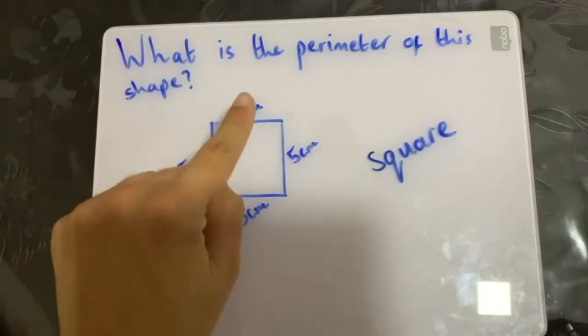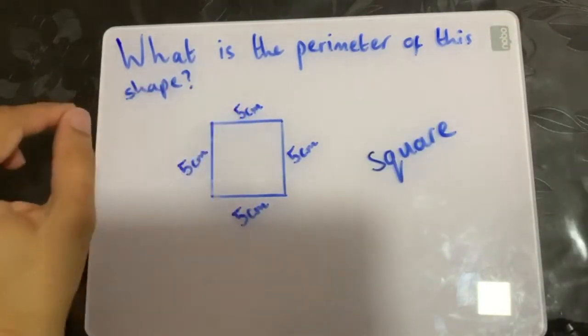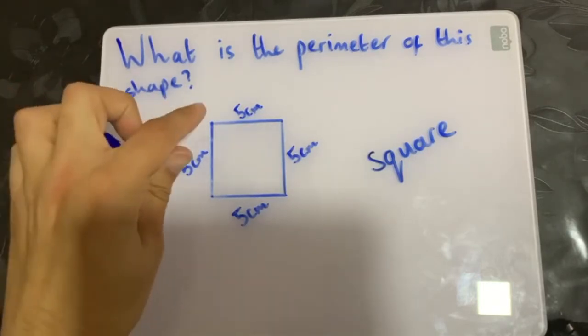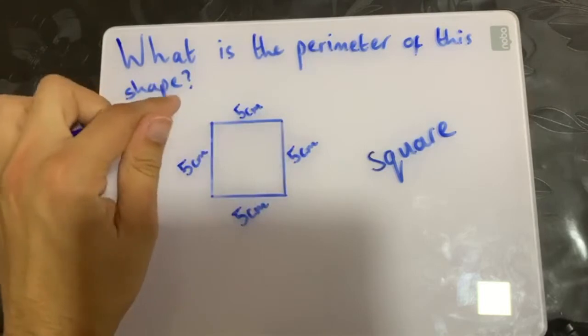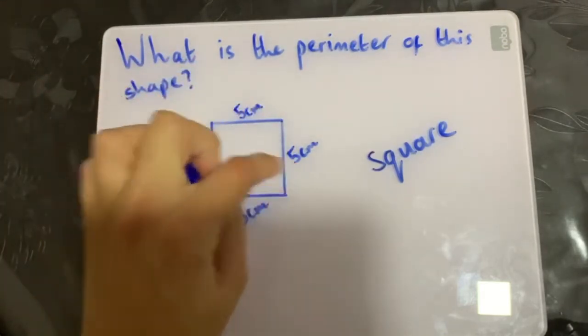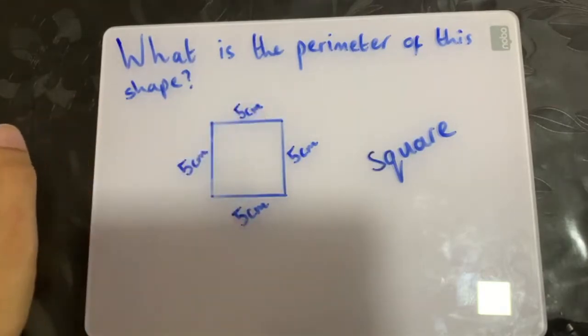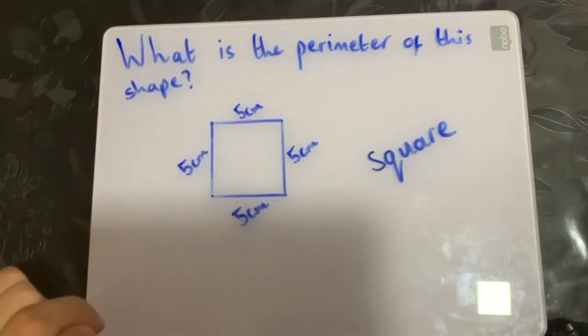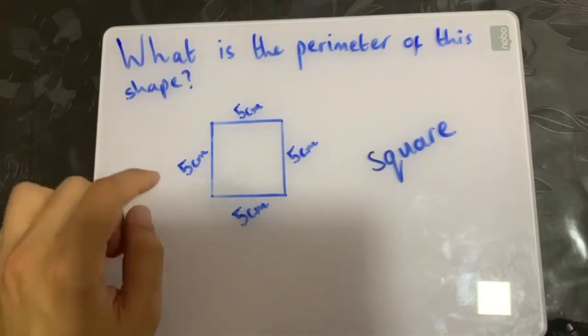Okay, now the question is asking us, what is the perimeter? So the perimeter is how long the measurement is all the way around the shape. We don't need to work anything out apart from that, because we've already got our measurements. So to find the perimeter, all we need to do is add up all of our sides and find out what we've got. So there's a couple ways I can do it.